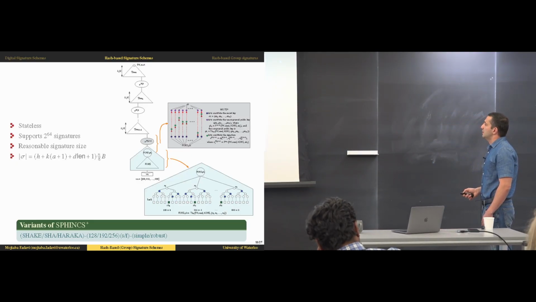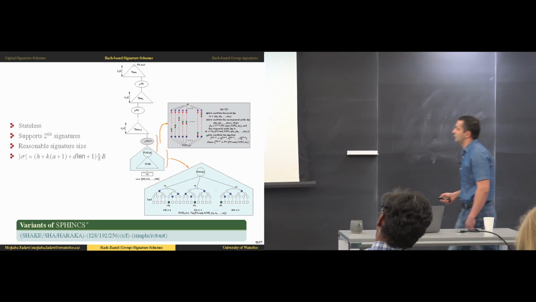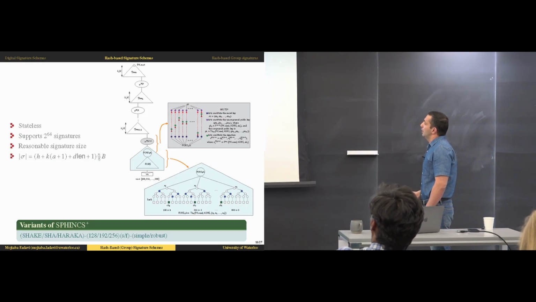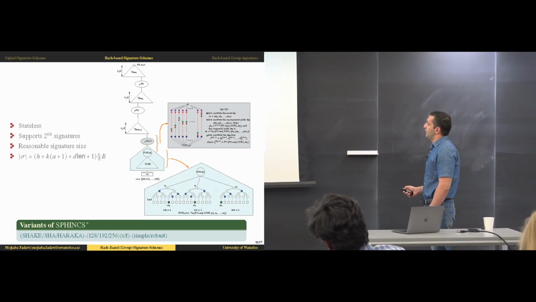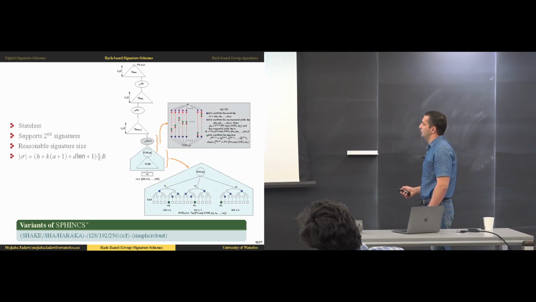SPHINCS+ has 36 variants based on the hash function that is used in it, the security parameter that they use, the height of the Merkle trees, and the computation that they use to select the leaf nodes.